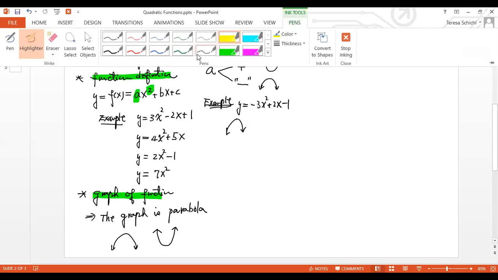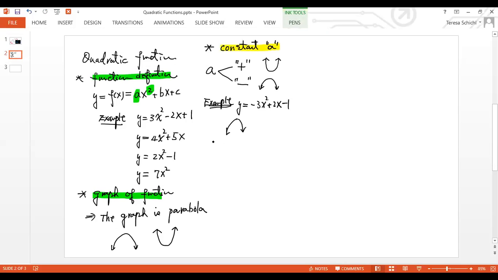Okay, and then the next constant here is the constant C. What is the constant C? The constant C is what we call the y-intercept.